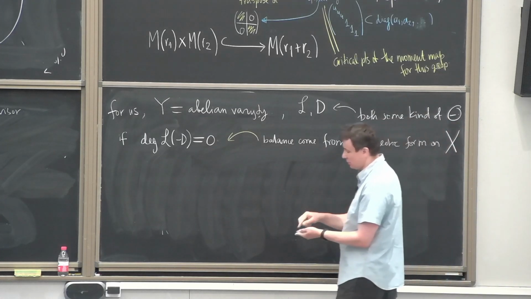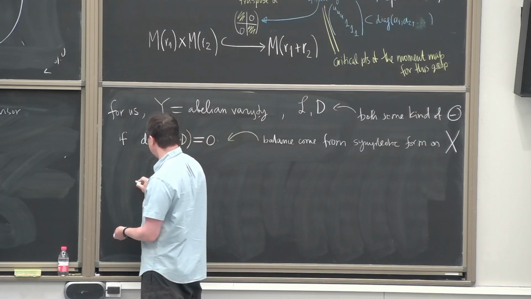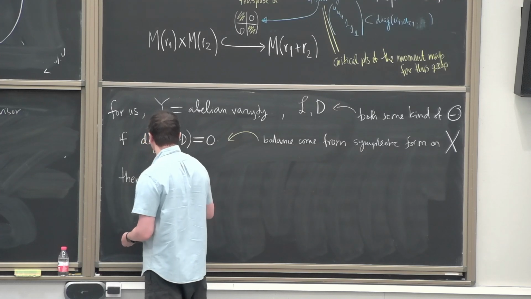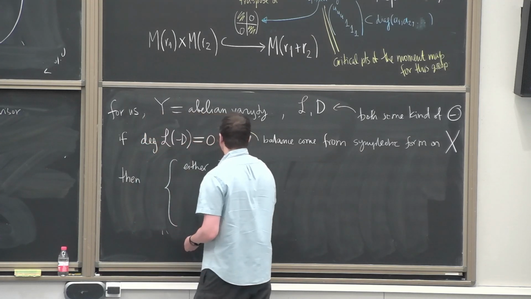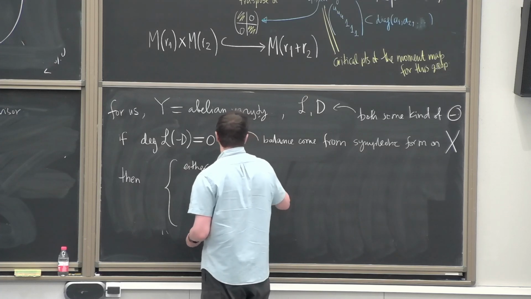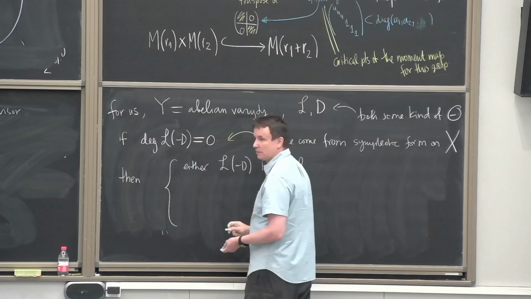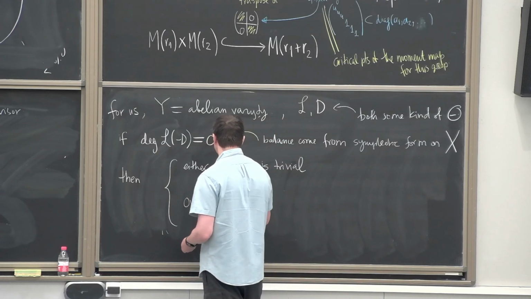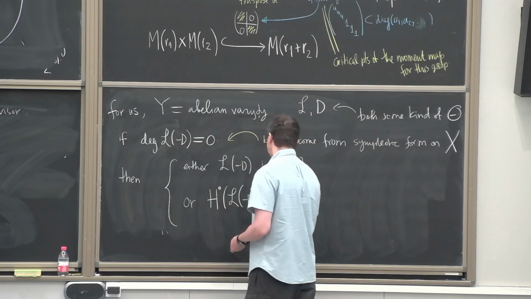So if I have a degree 0 line bundle on the curve, there's a dichotomy. There are two possibilities. Either L minus D is trivial, or every single cohomology group of this thing is 0.